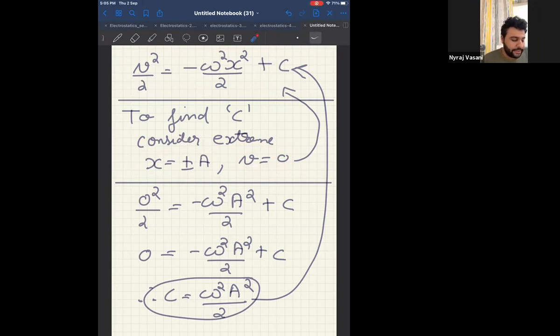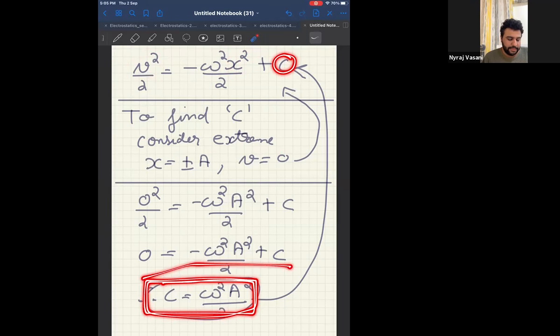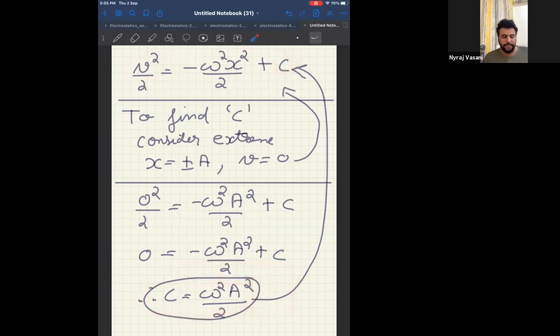Therefore, if I put x is equal to plus or minus a and velocity equal to 0, then I will get the answer for c, which is omega square a square by 2.